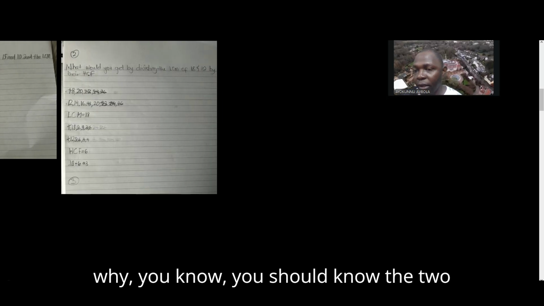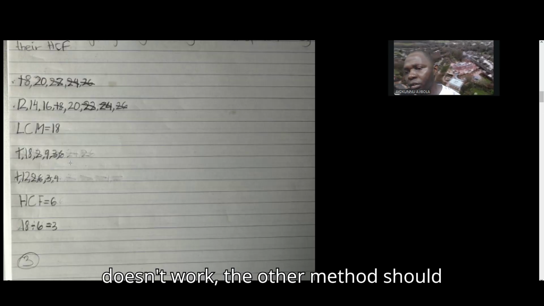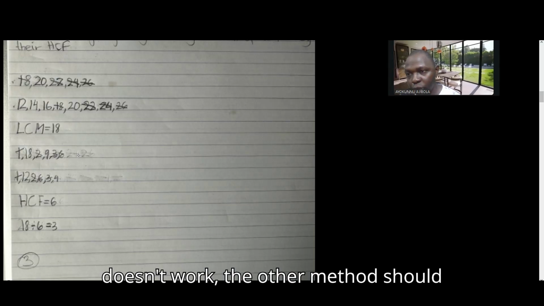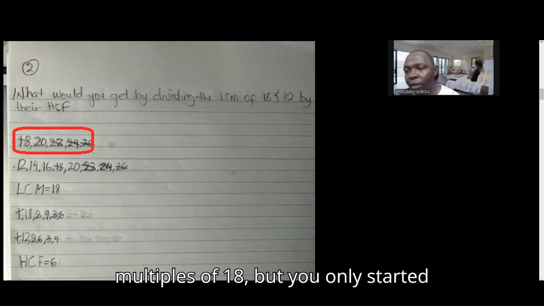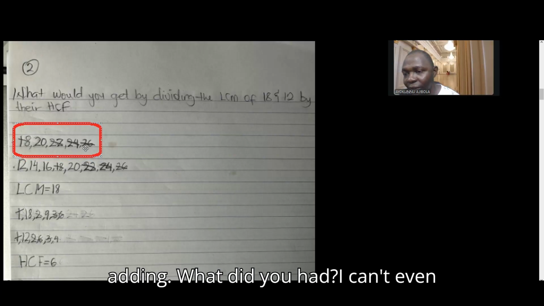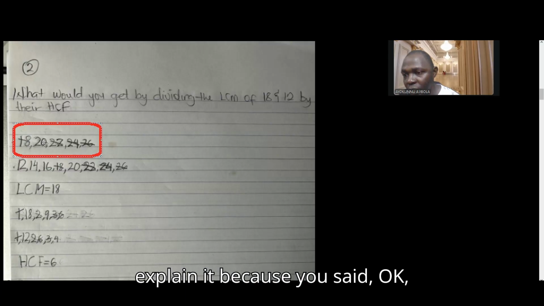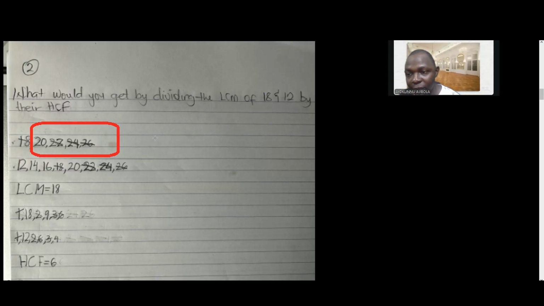That's why you should know the 2 methods, because if one method doesn't work, the other method should work. You wanted to write the multiples of 18, but you only started adding 20, 22, 24, 26. That's wrong, right?